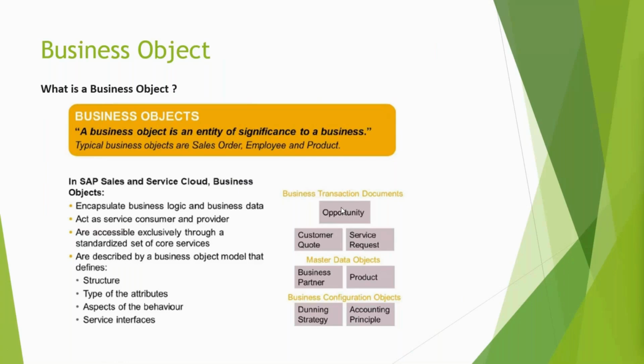All those things we define under this business object. So a business object is nothing but an entity in the real world. A business object mainly consists of elements, associations, and then the nodes.